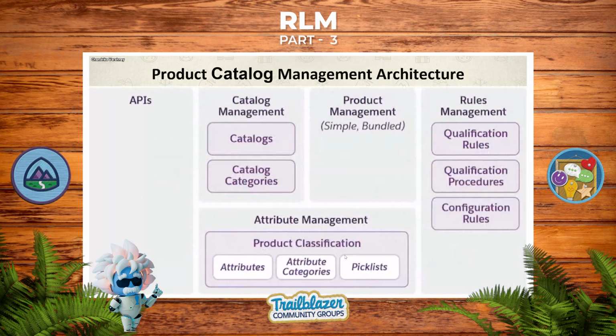So let's talk about the product catalog management architecture. We have APIs in this. We have catalog management, product management, attribute management, and rules management. Product catalog management, or the RCA, uses primitive APIs for product catalog management that serve the catalog definitions to users or applications.